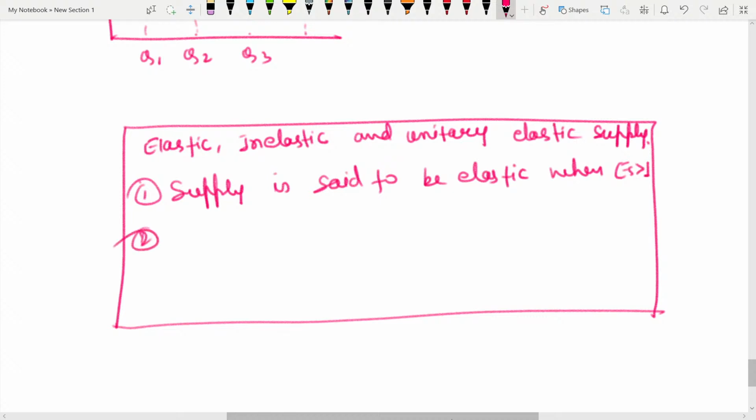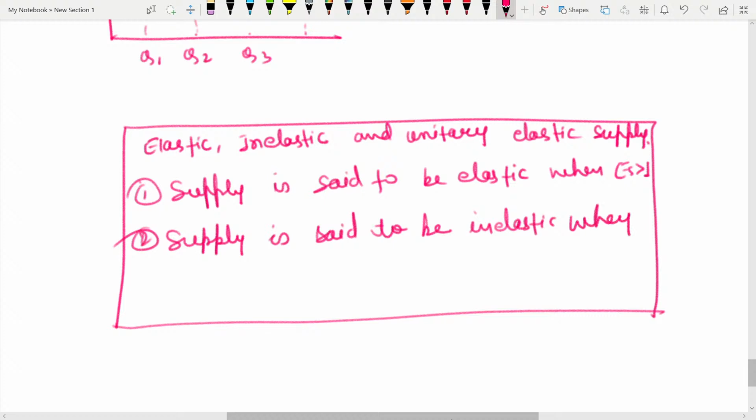Number 2, supply is said to be inelastic when elasticity of supply is less than 1.